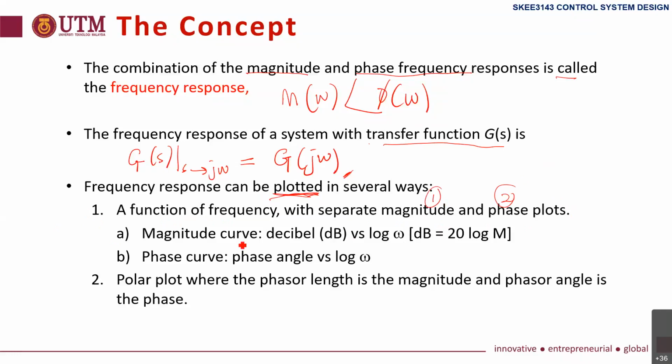For magnitude, we normally plot magnitude versus omega. Omega is in radian per second. The magnitude is usually given in dB, in decibel.